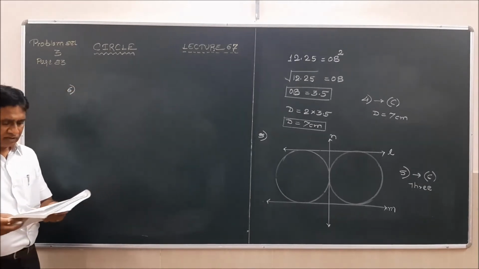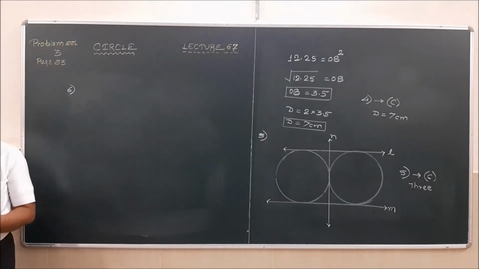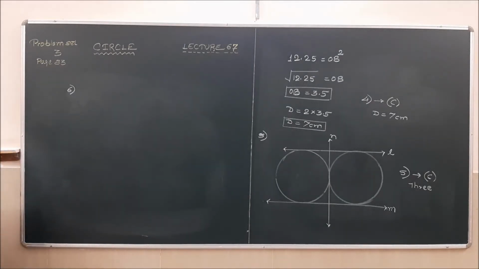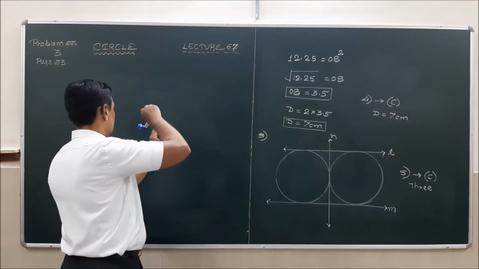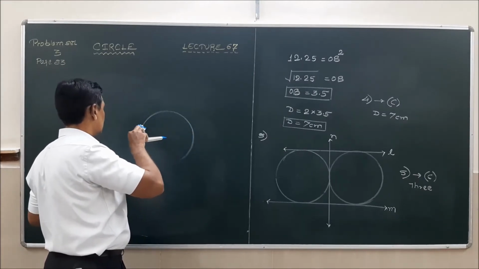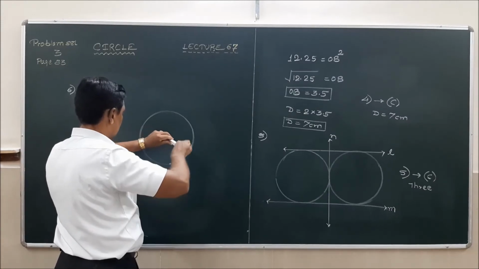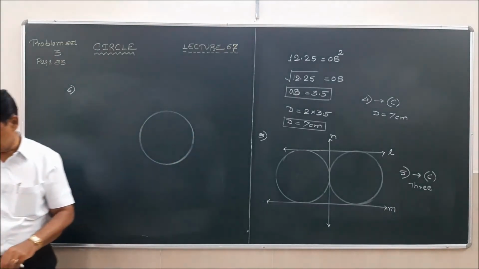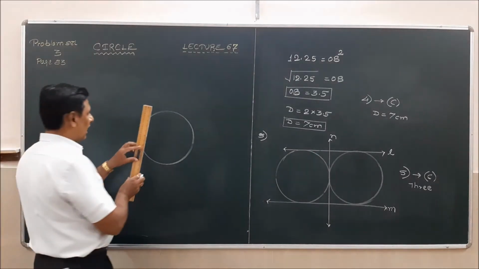Angle ACB is inscribed in the arc ACB of the circle with center O. Okay, fine. So let's draw the figure first.